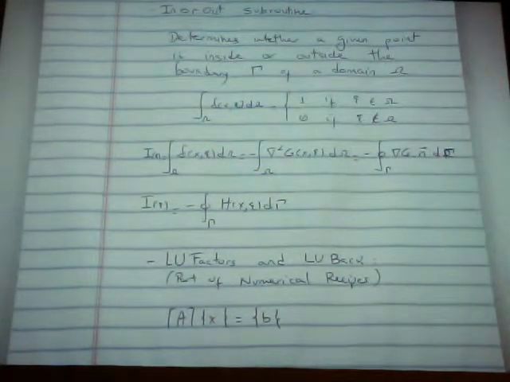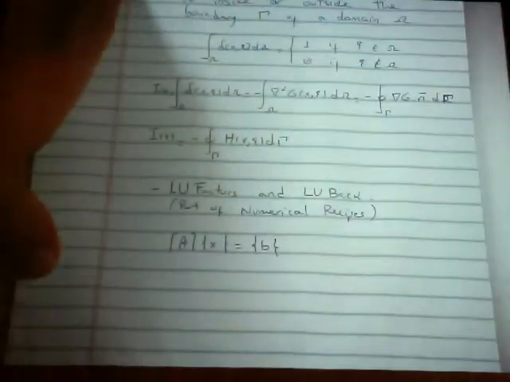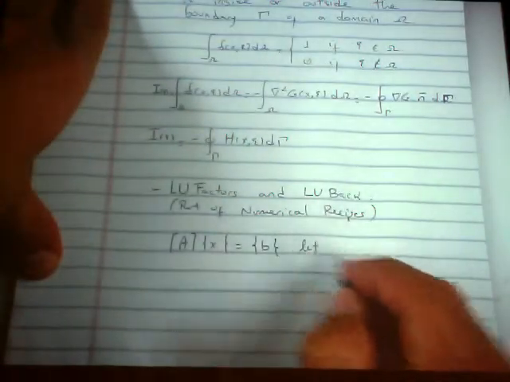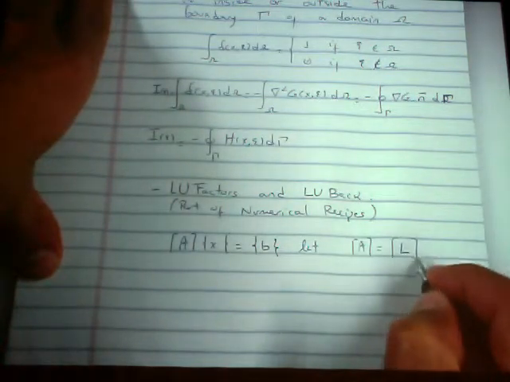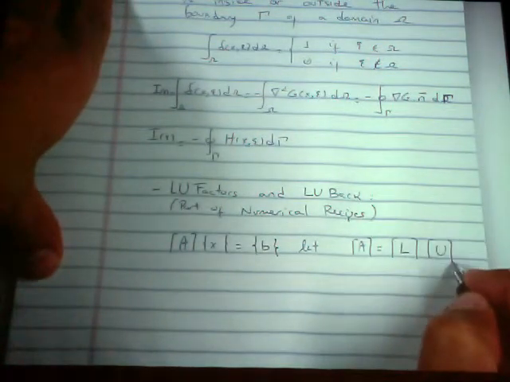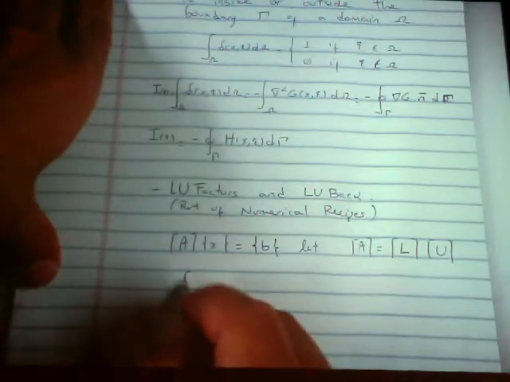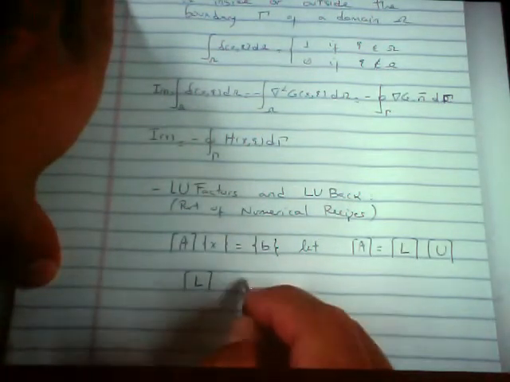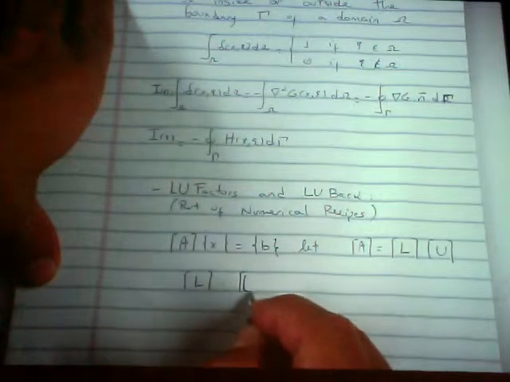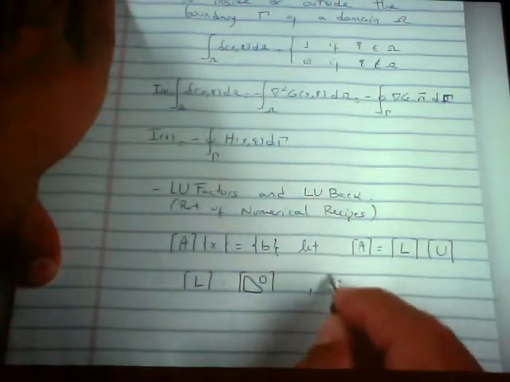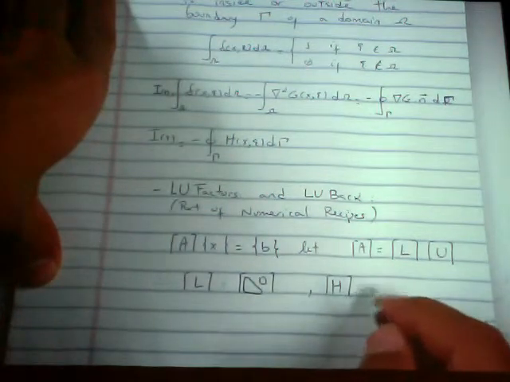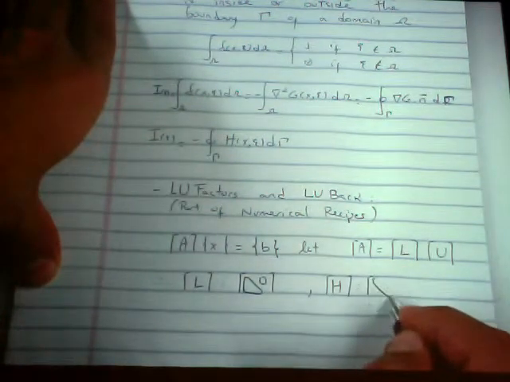LU decomposition basically lets A be equal to the product of L times U, such that L is a lower triangular matrix and U is an upper triangular matrix. So it's the decomposition of matrix A into two, one lower triangular and the other upper triangular.